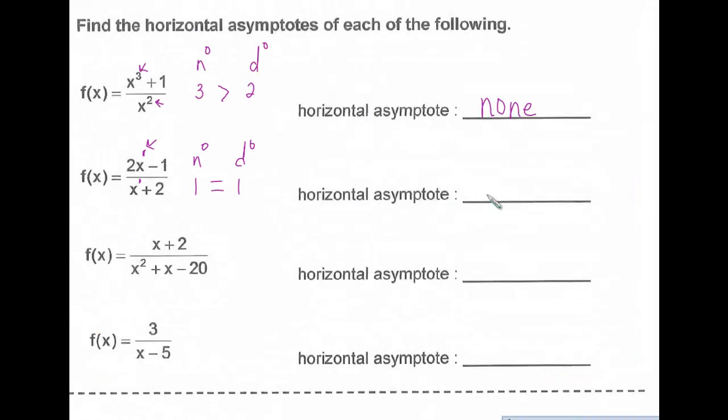So the leading coefficient in the top is 2. The leading coefficient in the denominator is 1. So y is equal to 2 divided by 1, which is 2.